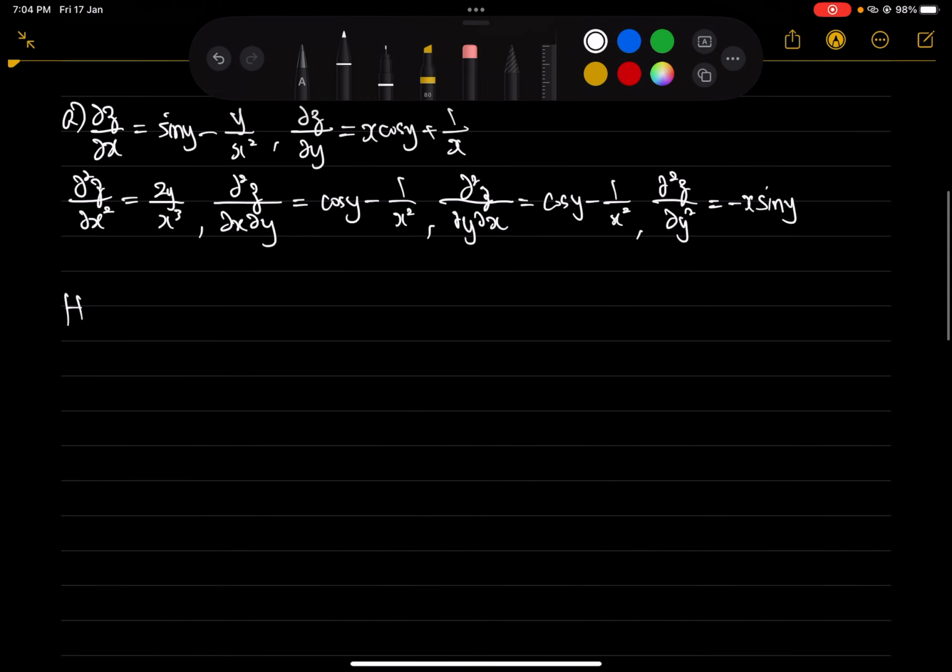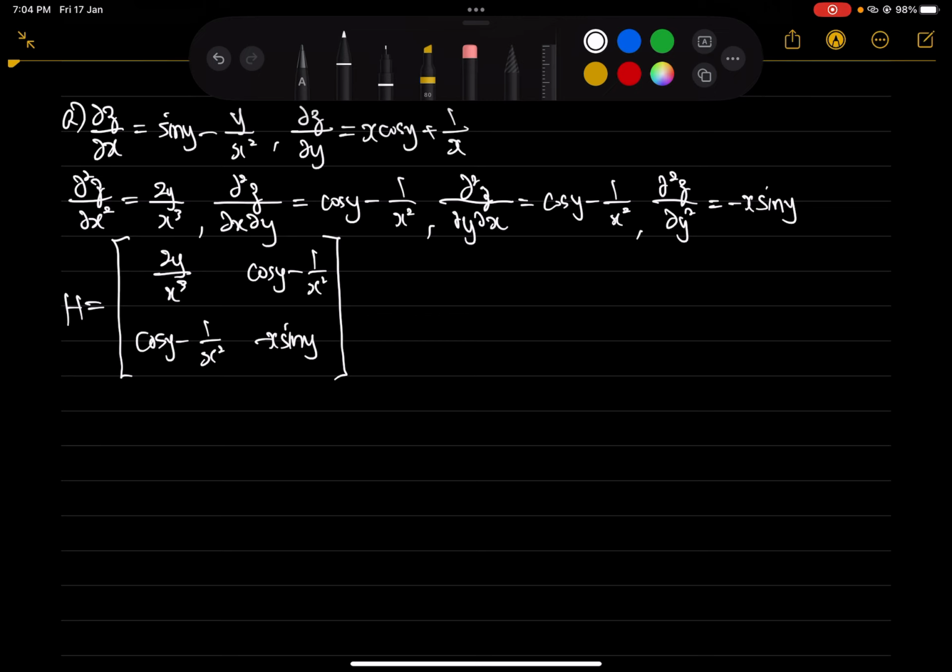Well, we'll need H first anyway. So we just copy this down in a more neat fashion. So that's the Hessian matrix.